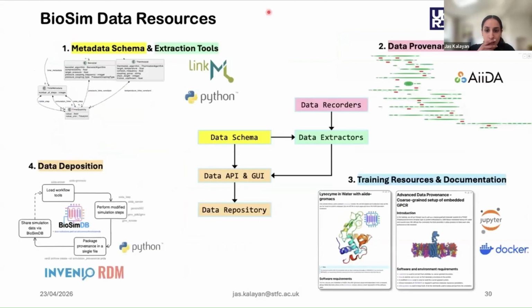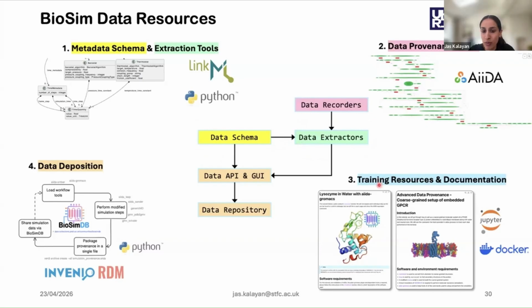Okay, so that's all of the 5 components of the data resources that I wanted to talk about. So we have the schema, the extraction tools that extract metadata according to the schema, and the provenance tools that are used to capture the steps that we use to perform our simulations. We also slightly touched upon training resources and documentation, which will be provided for all the tools that we produce.